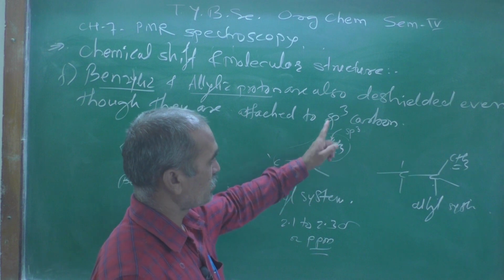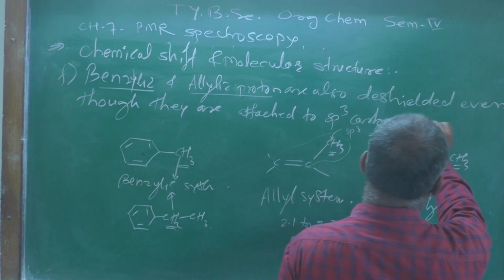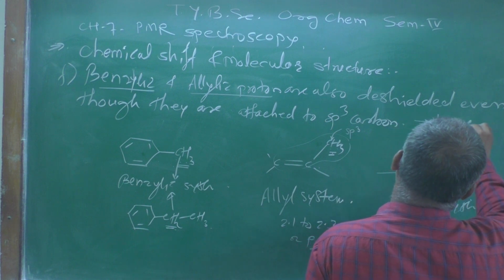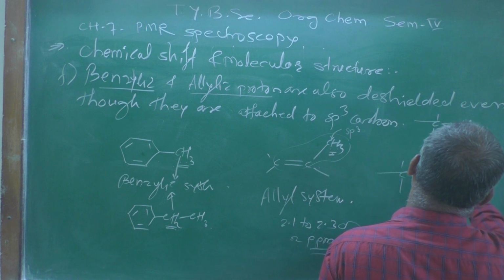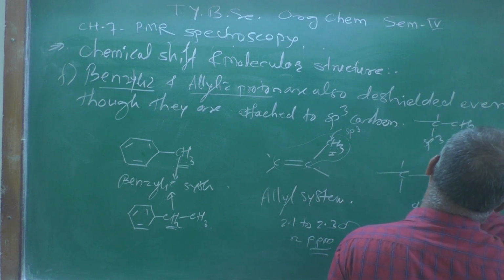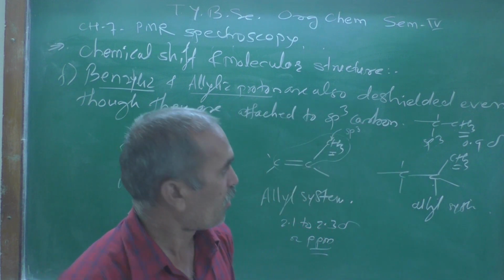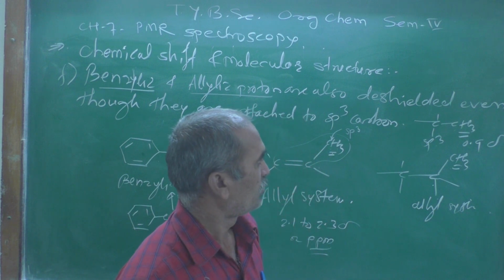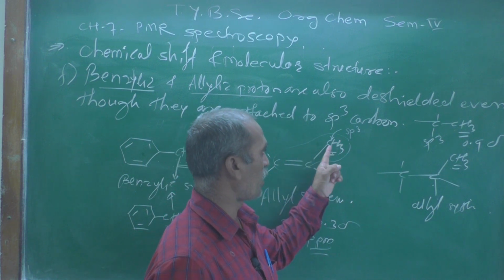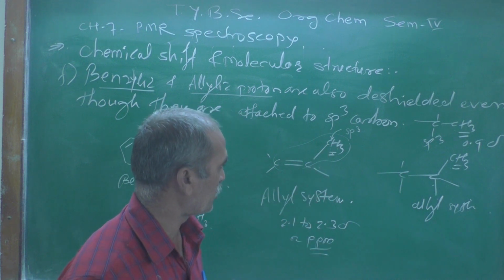Why? Even though it is an sp3 allylic carbon atom, in the simplest one we have seen, the proton attached to an sp3 carbon atom always shows a 0.9 delta value. The chemical shift was found to be 0.9 delta for the same methyl group, but that methyl group is further attached to the carbon-carbon double bond.